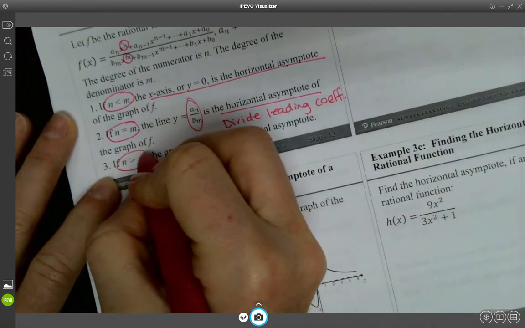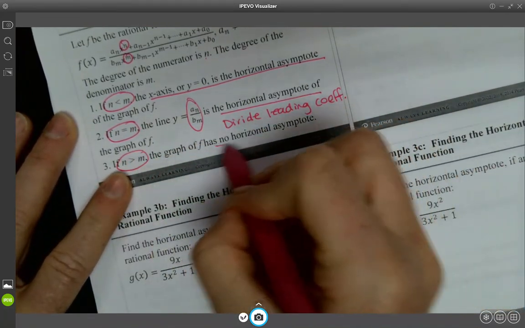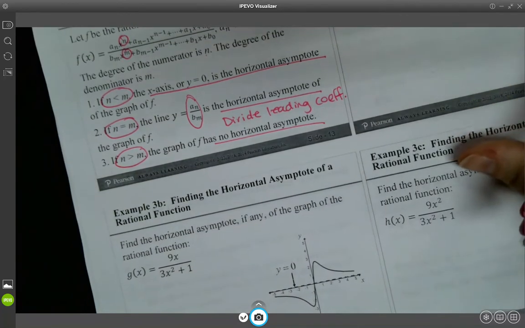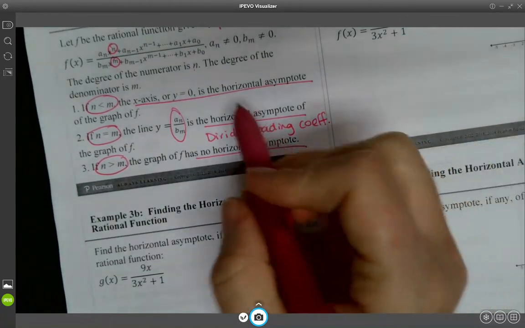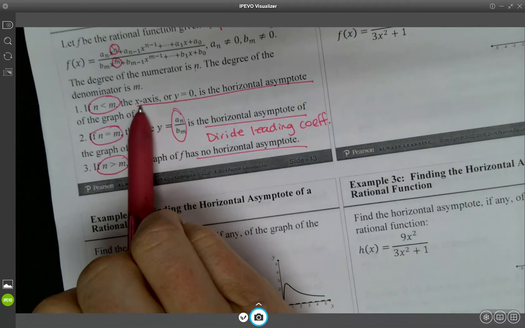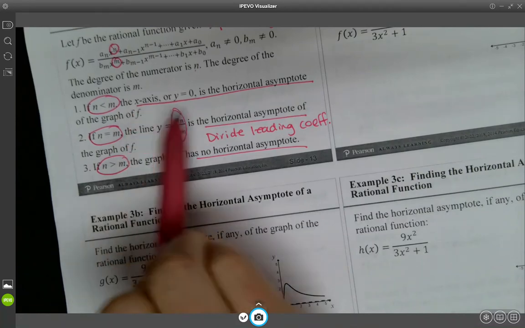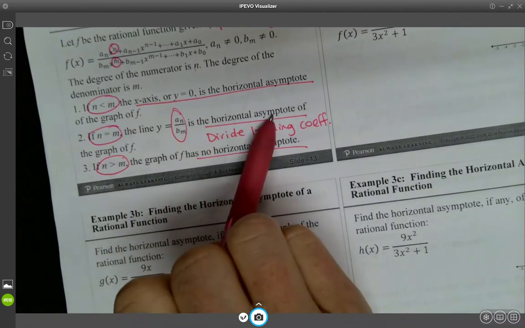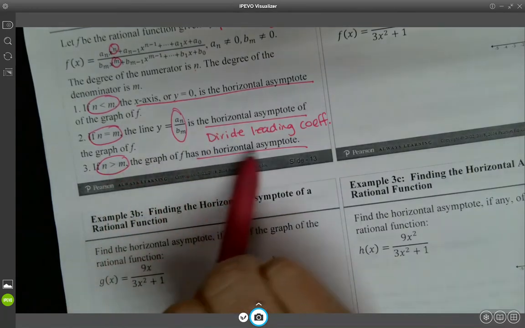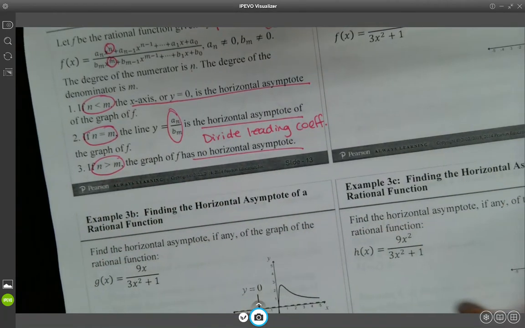If n is greater than m, then there are no horizontal asymptotes. So you have three options: the x-axis is your asymptote, you divide them and get your horizontal asymptote, or there's no horizontal asymptote.